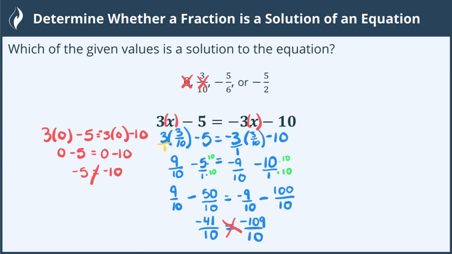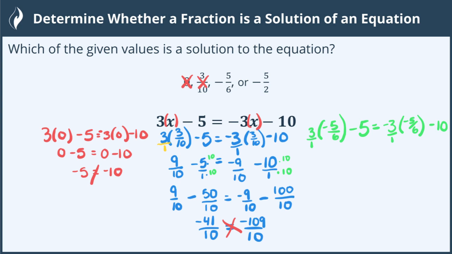Negative 5/6. So we have 3 parenthesis negative 5/6 close parenthesis minus 5 equals negative 3 parenthesis negative 5/6 close parenthesis minus 10. And just like we did before, we need to multiply before we add and subtract. And if we need to put these whole numbers over a 1 so we can see that there's a denominator, you can do that as well.